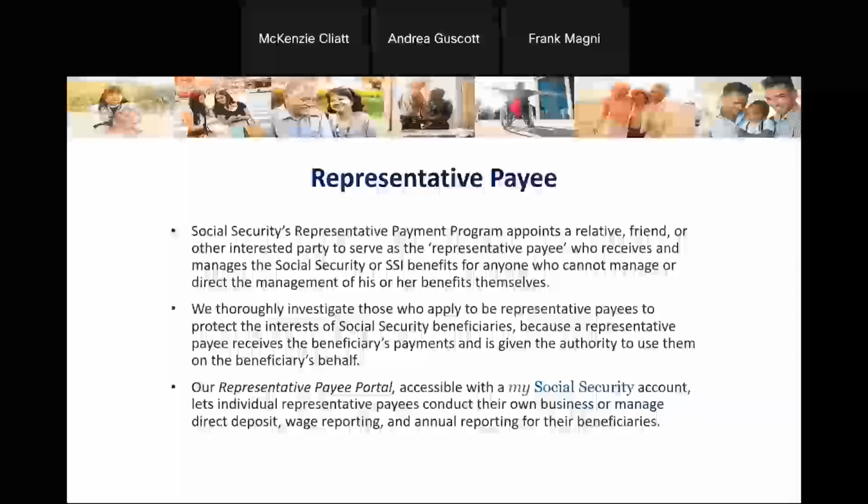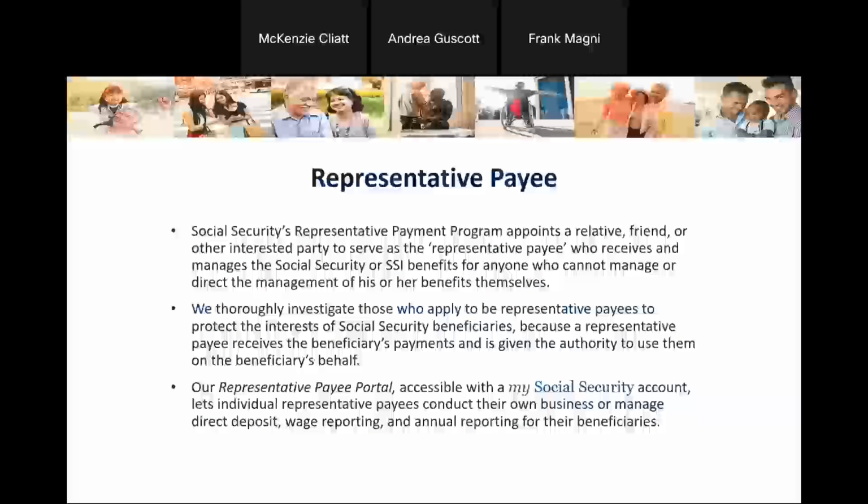As I had mentioned before, I wanted to mention the representative payee program. This program is for individuals who cannot manage benefits. In the case of minor children, they wouldn't be asked to manage benefits or manage a program as complicated as the SSI program. Representative payees basically are the individual that receives money on behalf of another individual and uses that money on behalf of the individual.